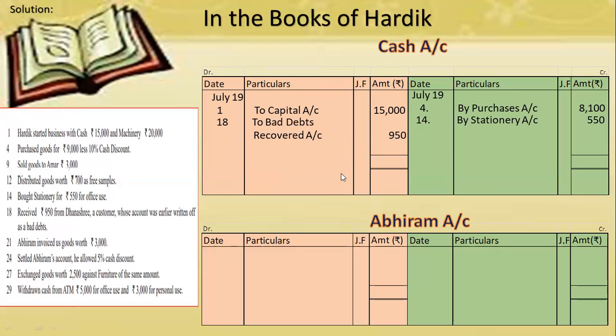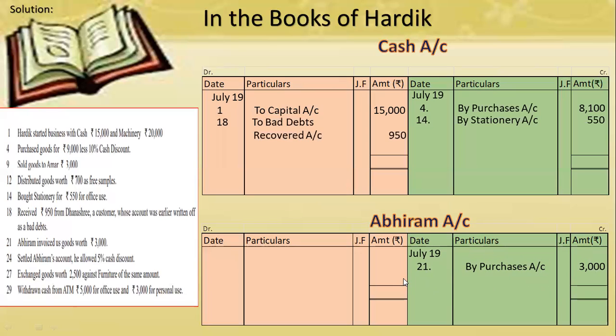Abhiram invoiced us goods worth rupees 3,000. As goods were purchased from Abhiram, the journal entry is purchases account debit to Abhiram's account. So stated as purchases in Abhiram account credit side rupees 3,000. Settled Abhiram account, he allowed 5% cash discount. As Abhiram offered 5% cash discount, his account was settled.